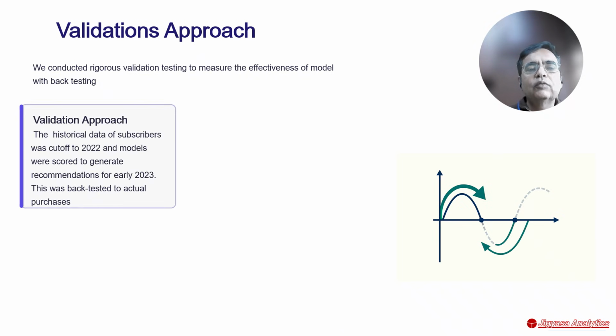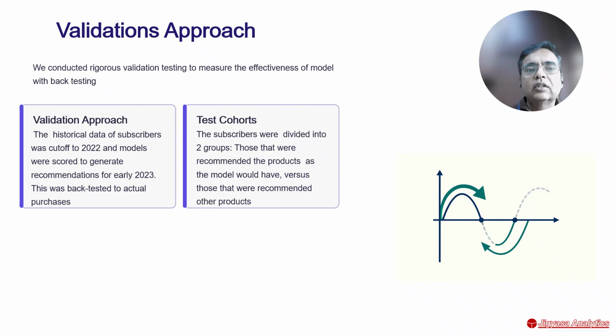How we did it was we used data up to 2022 to build the model, and then for early 2023 we looked at purchase performance, and we scored the model built with data up to 2022 to generate recommendations. And these recommendations were then backtested with the actual purchases.